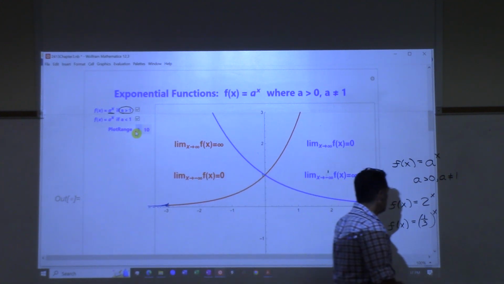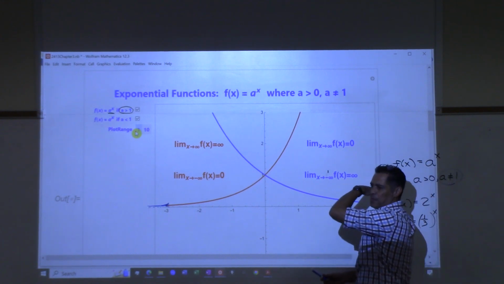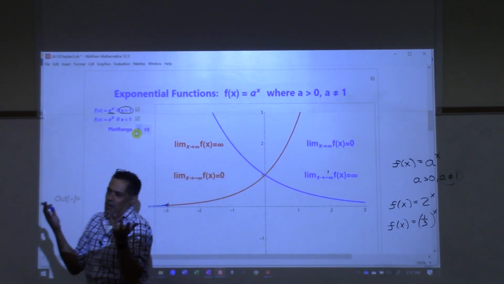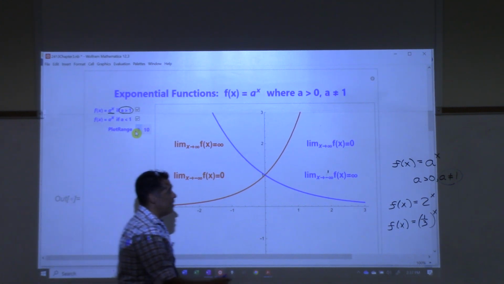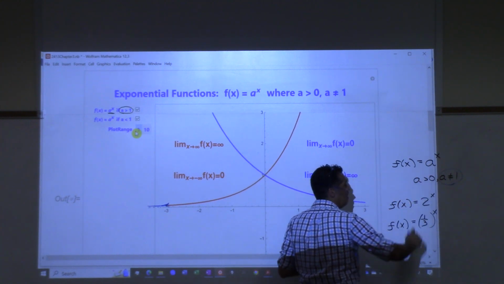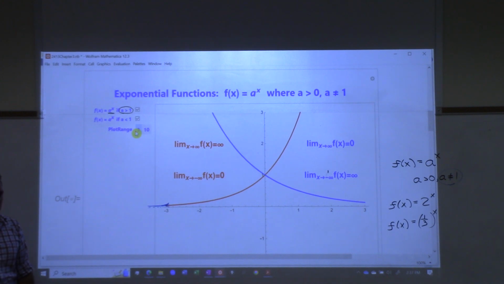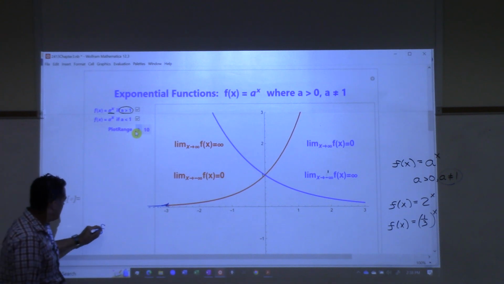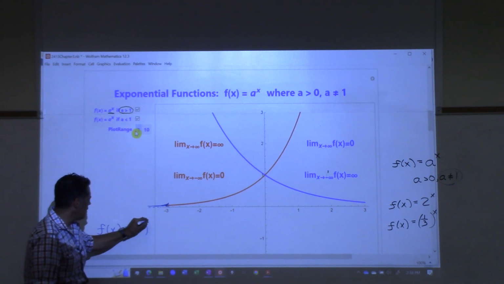Why do you think it is in college algebra that we say that a can't be 1? Yeah, what's 1 to any power? It's 1, right? So then the graph would just be 1. It'd be flat, wouldn't it? Which is not what an exponential function should look like. And then, why don't we do negatives? Why do we make sure that this is never a negative number? Well, because if you raise negative numbers to certain powers, you get imaginary numbers, and things get weird, right? Like, imagine I defined f of x equals -1 to the x.